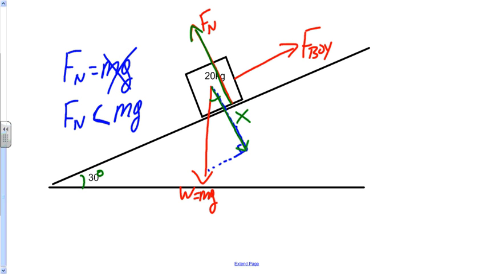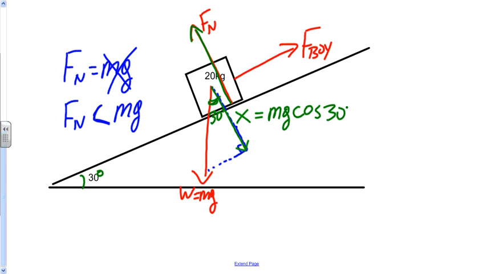Well, using geometry, we can find that this angle is 30 degrees right here. So we have the adjacent side, so that x equals mg, because mg was our hypotenuse, times the cosine of 30 degrees.